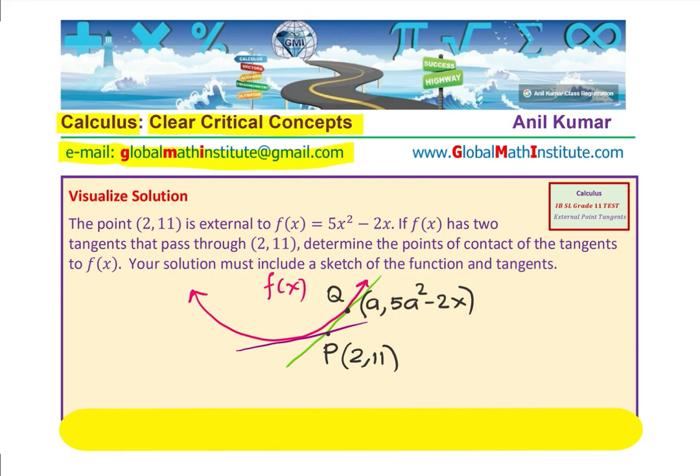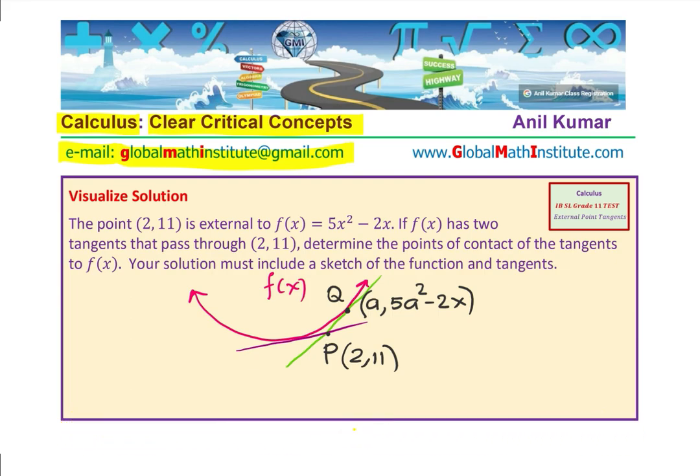So what we are going to do here is, let me list out the steps which we are going to follow. 1, we'll find the derivative of the function. Now this derivative is at any point on the function, correct? Now at point A, this derivative will be f prime of a, right?